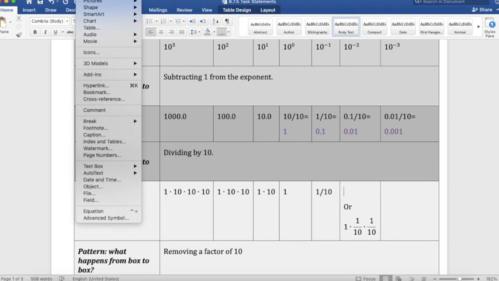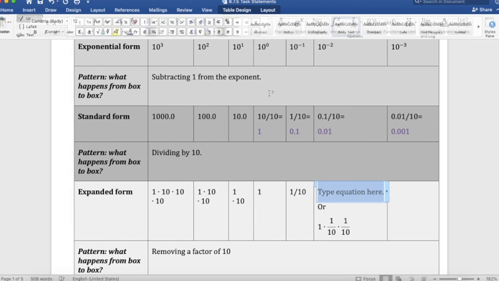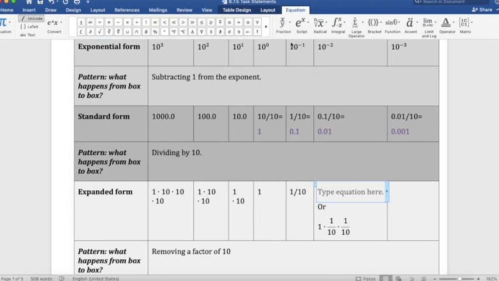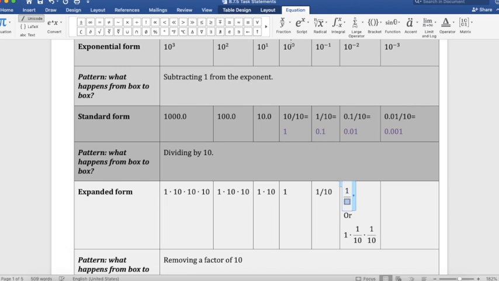We're going to change it to say 1 over 10 times 10. I wish Google Docs had this nice equation editor on it. It's really beautiful, but theirs is not the same.